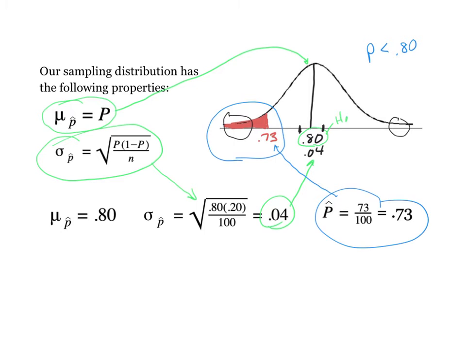Is 73 close to 80? Is it close enough to say, yep, I could still consider it 80%? Or is that 73 really far away from 80, which would make me think that the 80 claim in the beginning was not true, okay? So basically, if the claim is true, we expect a sample to be really close to the claim. If the claim is false, we expect the sample to be further away from that parameter, okay? So that's kind of the thinking behind this.